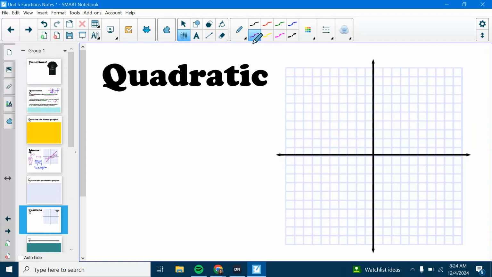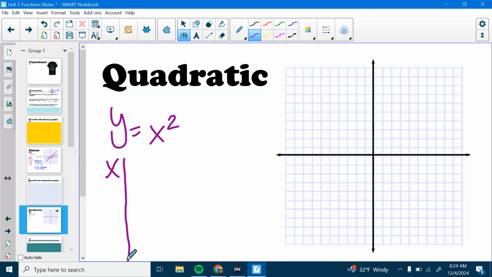So when I look at quadratics, for my quadratic, I want purple, my parent function is y is equal to x squared. That is my parent function. And what that means is that when I make my table, my y output is always going to be x squared. So if I have a -2 for x, -2 going in for x squared is +4. -1 would be 1. 0 would be 0. 1 would be 1.